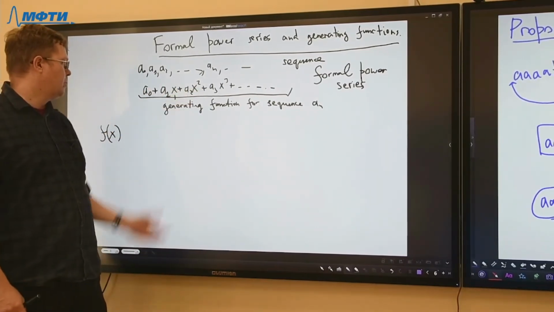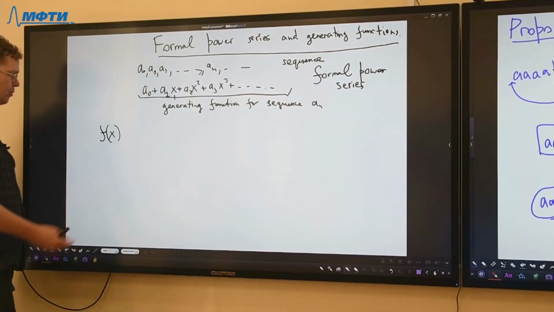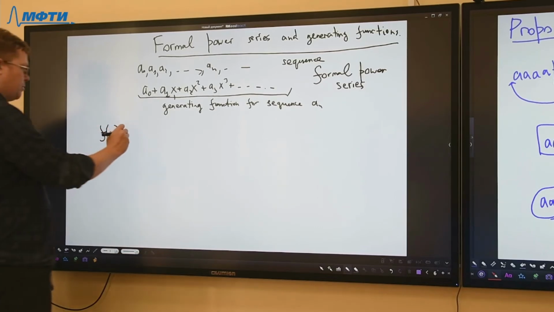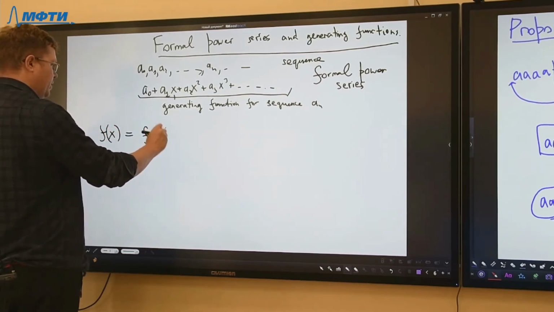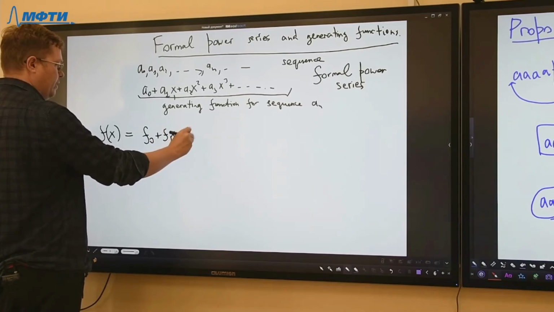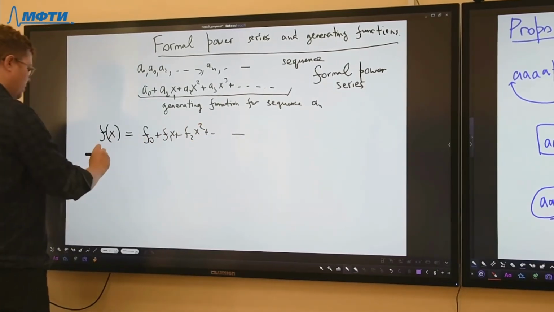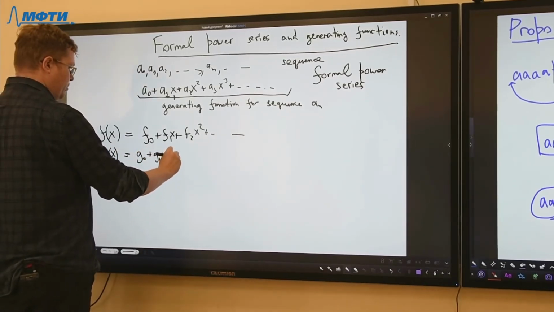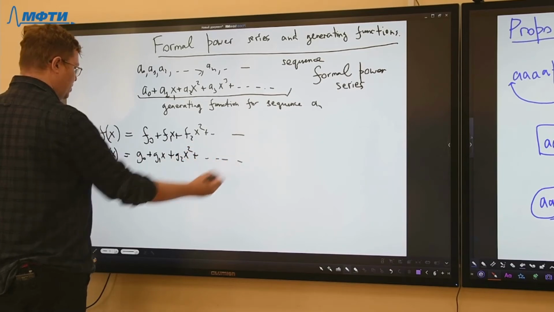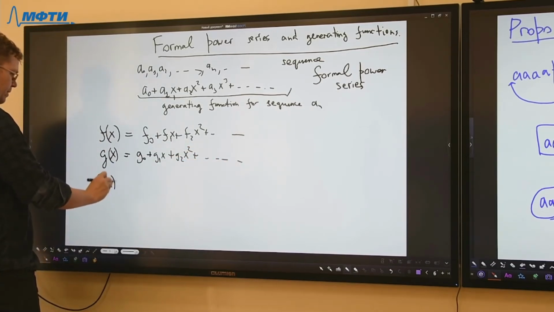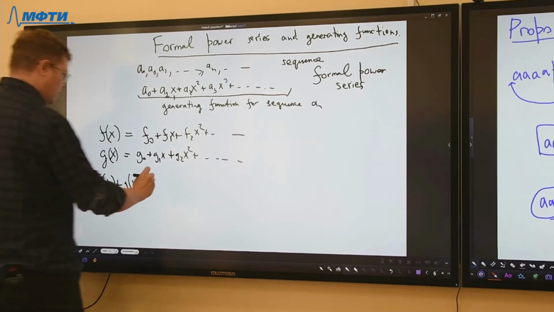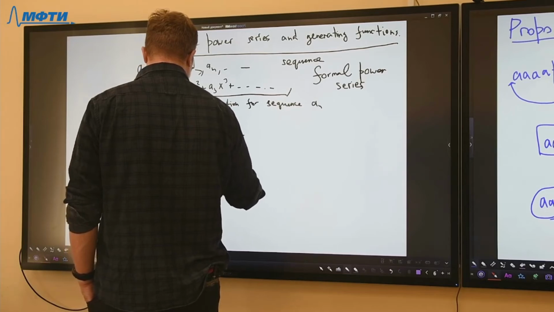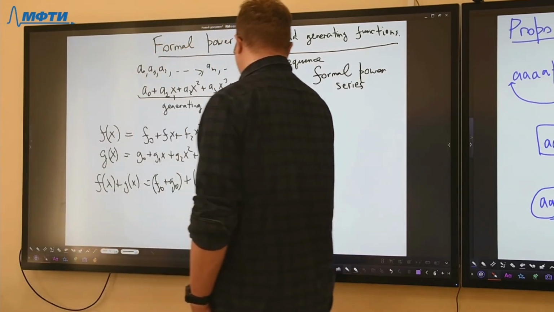And if you have two formal power series, we can define the product and sum of the two. So if you have f(x) as f0 plus f1 x plus f2 x squared, and so on, and g(x) is g0 plus g1 times x plus g2 times x squared, and so on. We can define the sum by just taking the linear combinations of the constants.